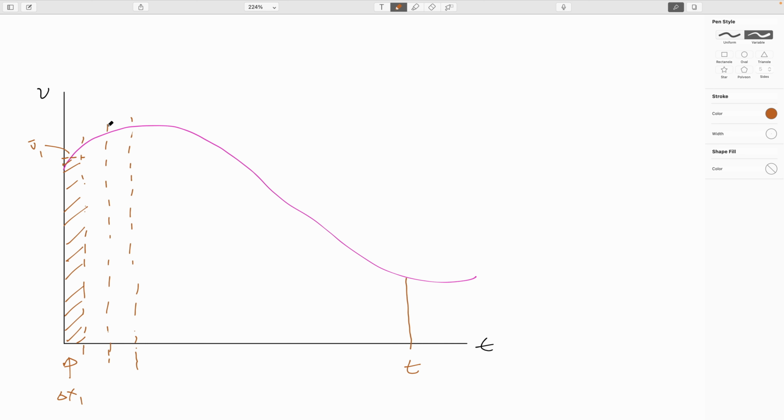And then I can play the same game here. I can say, yeah, that doesn't look that good. Let's try a little better. Yeah, maybe something like that. So then this would be the average velocity for my second time interval, and I play the same game. Find the area of this thin strip.